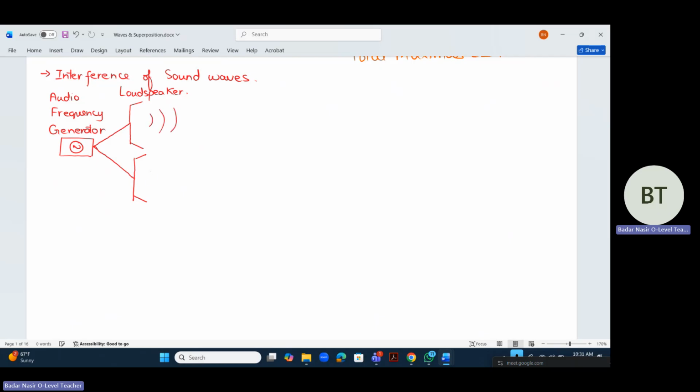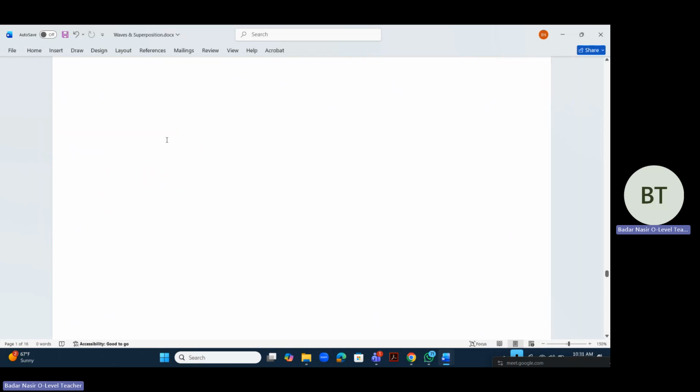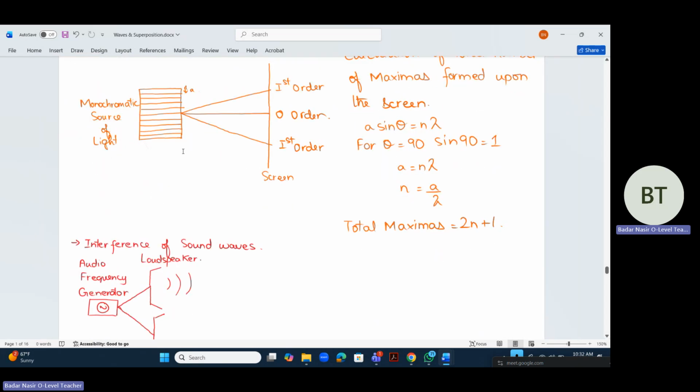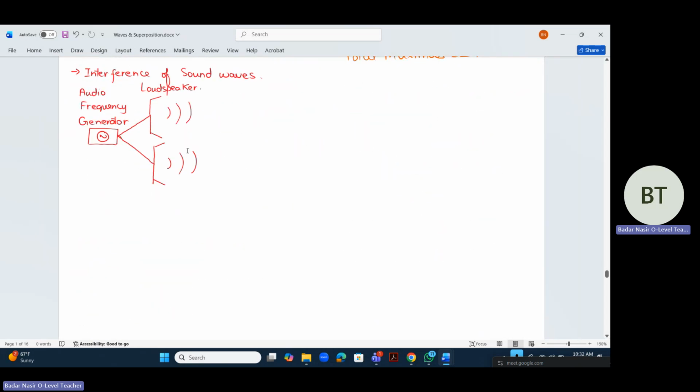ठीक है, so we have these sound waves that have been generated by these two loudspeakers. हाँ जी, आई होप अब क्लियर है, ठीक है.